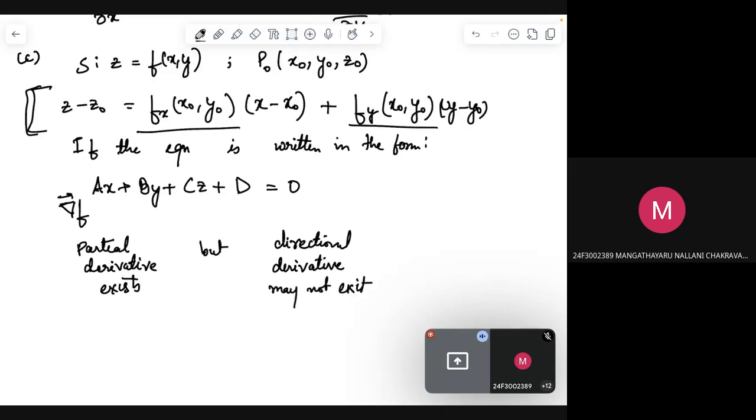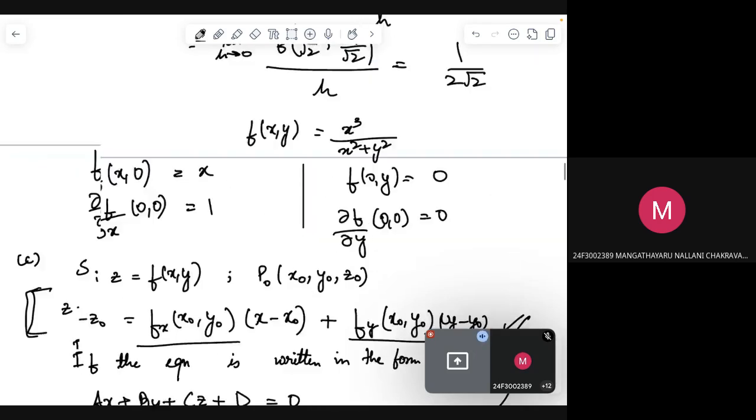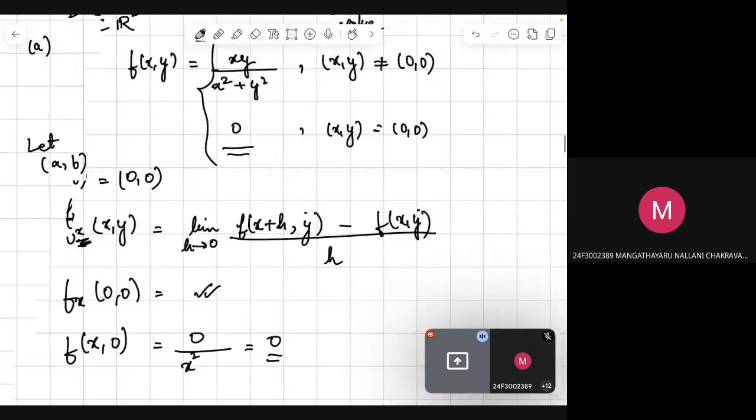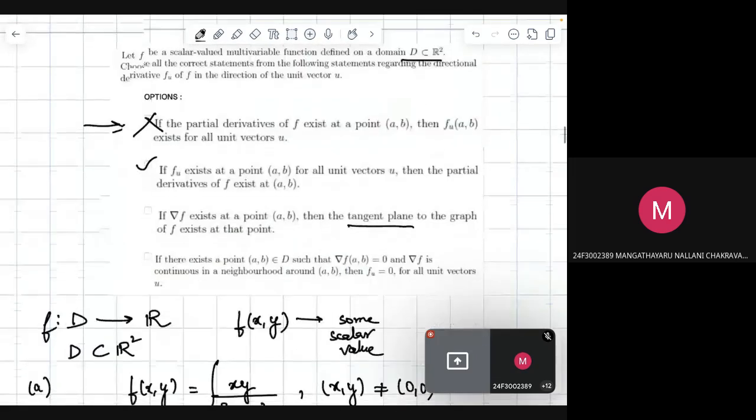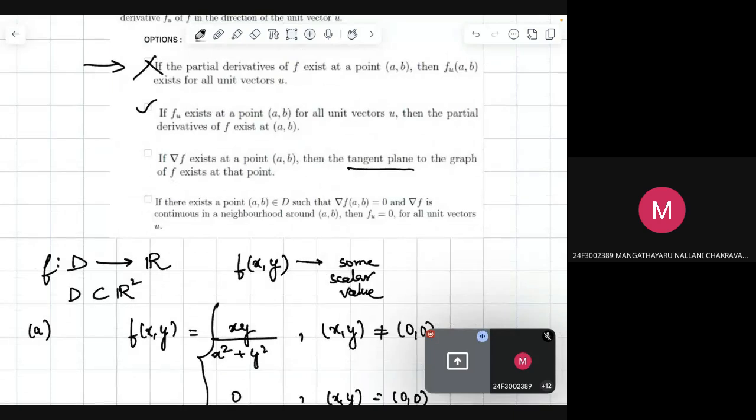So if the directional derivative does not exist, then we can't find this particular plane. We can't find z and we can't find this plane. And if we can't find this plane, then the tangent plane also may not exist for the case of the directional derivative not existing, right? And so the third option is false because the tangent plane to the graph may not exist.